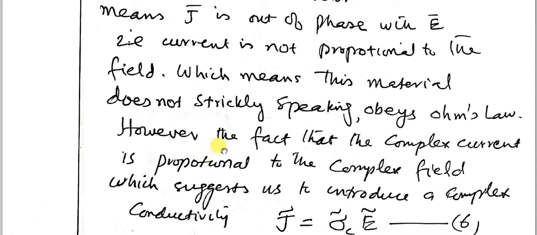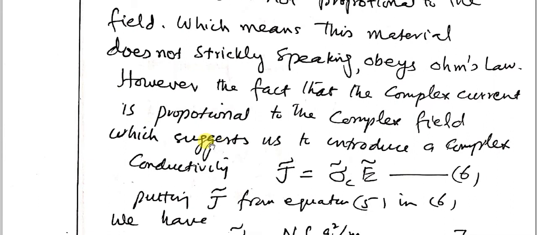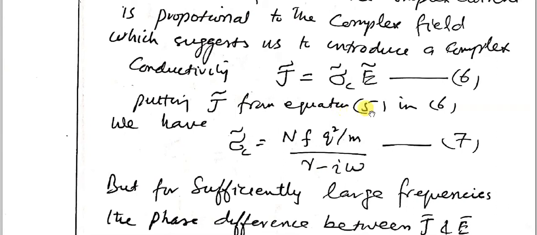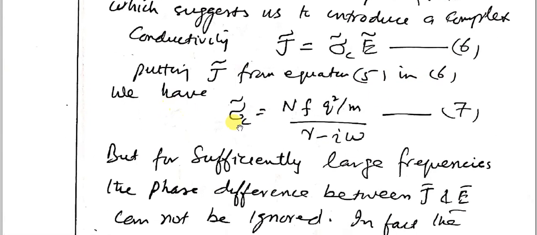However, the fact that the complex current is proportional to the complex field suggests that we introduce a complex conductivity as well, with complex J equal to sigma c, the complex conductivity with the tilde sign, times the complex E field. Putting J from equation 5 in equation 6, we have sigma c equal to n f q square by m divided by gamma minus i omega.